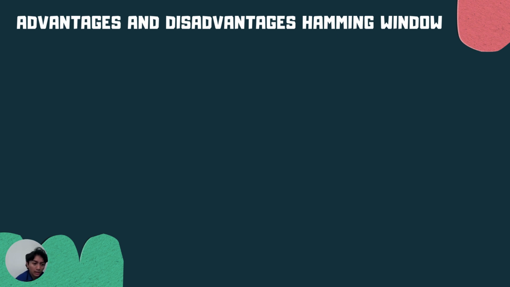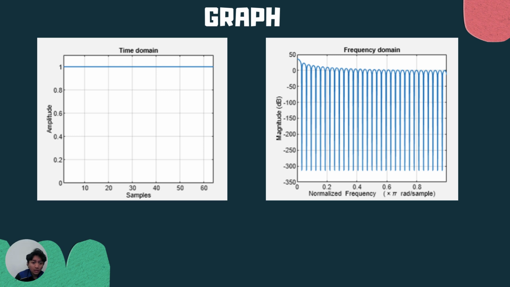Also for the advantages and disadvantages of the rectangular window, we have the graph for the rectangular window. We have the time domain and the frequency domain, with amplitude, magnitude in dB, and normalized frequency.